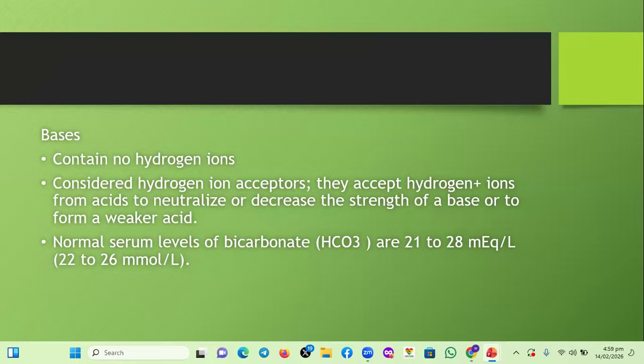I will be using alkalotic and base together because they are the same. So sometimes I might use alkalotic, at times too I might use base. The same thing applies to acids and acidosis. If I'm saying acidosis, I mean acid, and when I say alkalotic in nature, I mean a base.